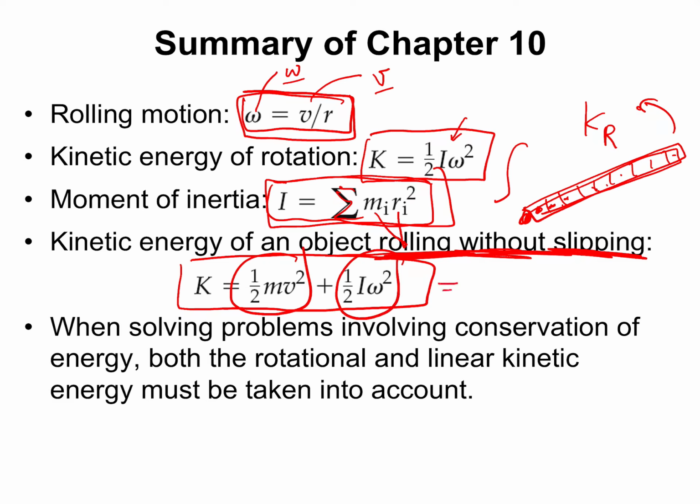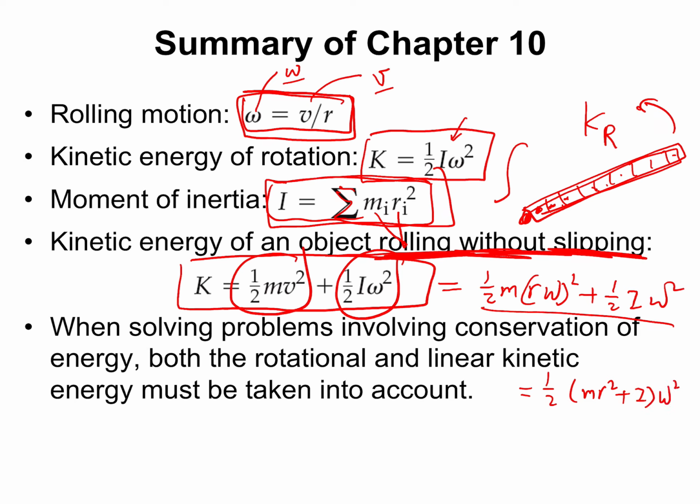We can also do the substitution. So this also equals 1/2 m r square omega square plus 1/2 I omega square, right? And this equals 1/2 (m r square plus I) omega square.